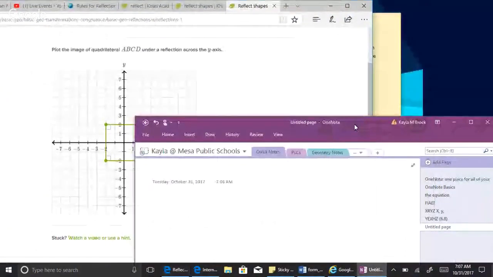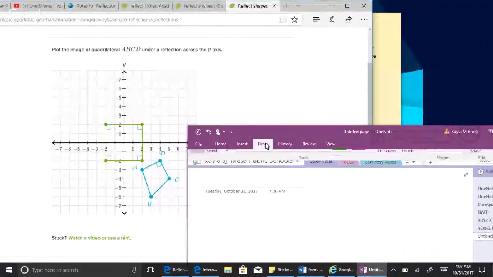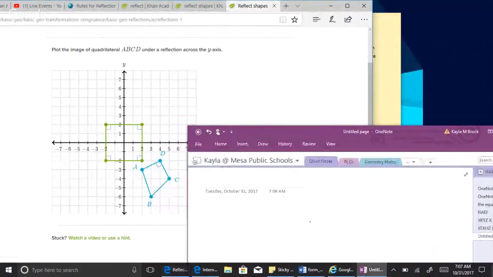Okay, what I want to do is look at the different coordinates. So I have coordinate A, and A is that when x is 2, y is -3.